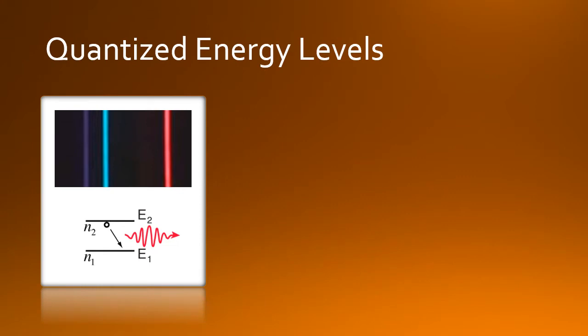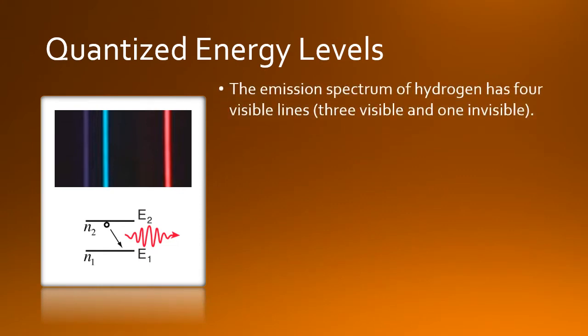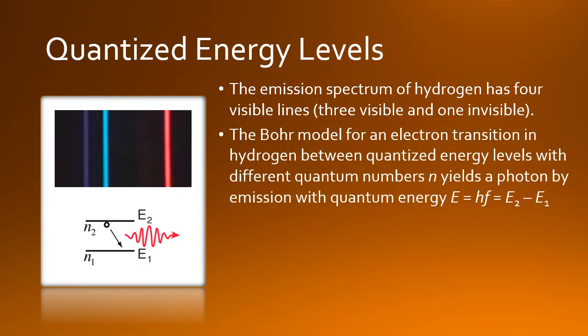So here's the emission spectrum again. And the emission spectrum of hydrogen has 4 visible lines, as we know. The Bohr model for the electron transition in hydrogen between those quantized energy levels with different quantum numbers n yields a photon by emission with quantum energy E equals hf, which is the difference between the 2 energy levels, E2 minus E1.